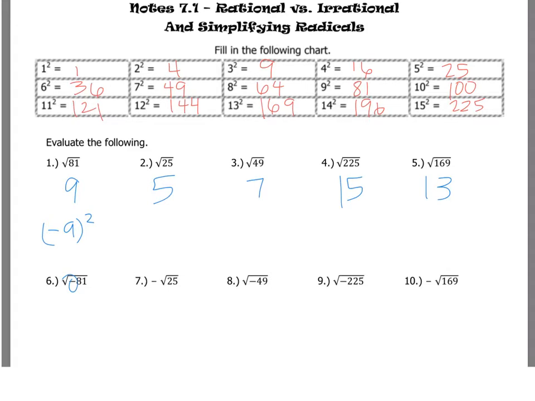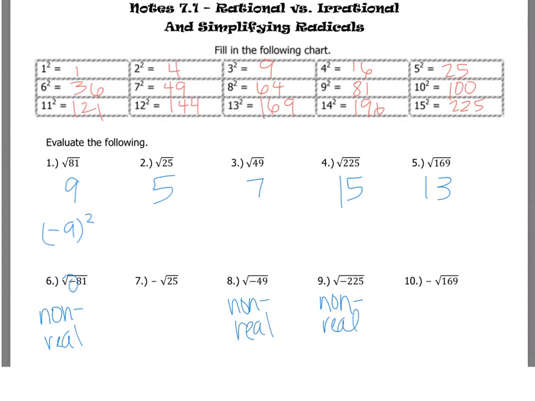It would have to be negative 9 times 9, and those are not the same thing. So there's no way you can answer number 6, which means there's no way you can answer number 8, and there's no way you can answer number 9. So what that means is that they are non-real numbers. So number 8 is a non-real number, and number 9 is a non-real number.